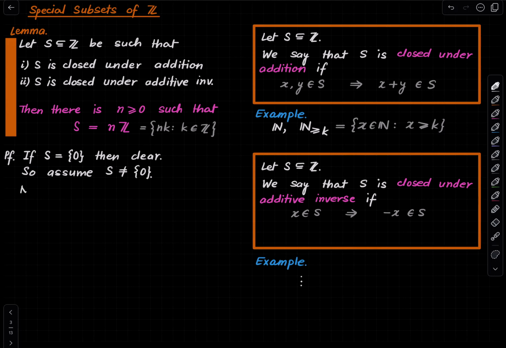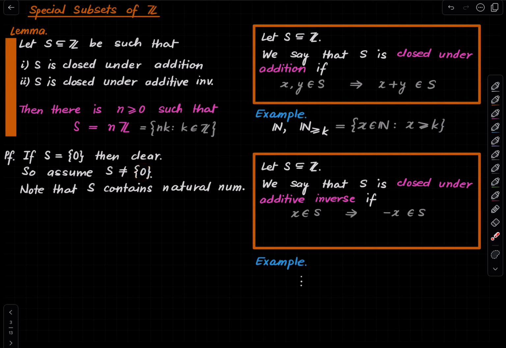Note that S contains natural numbers. Why is that? Well, pick any non-zero element in S. Since S is not the trivial set containing only 0, it must contain something non-zero.